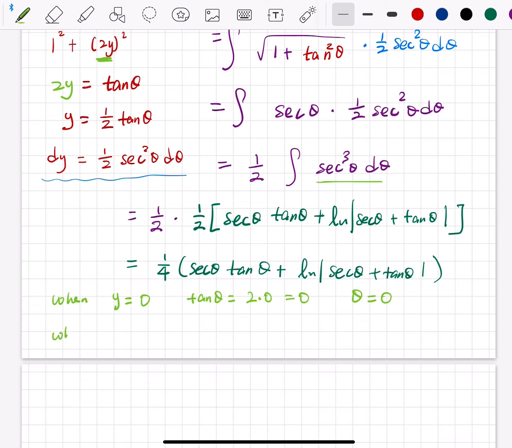Then when y is equal to 1, tangent theta is going to be 2 times 1, which is 2. So theta is going to be tangent inverse of 2.